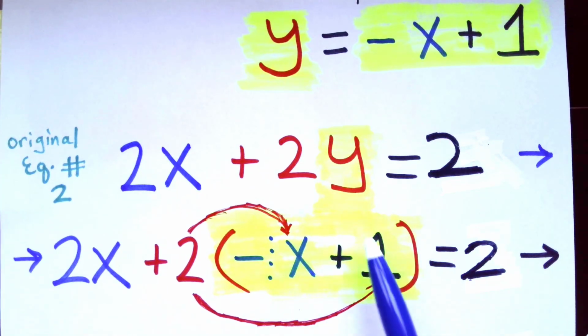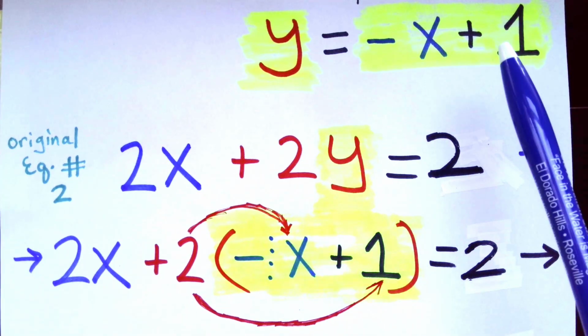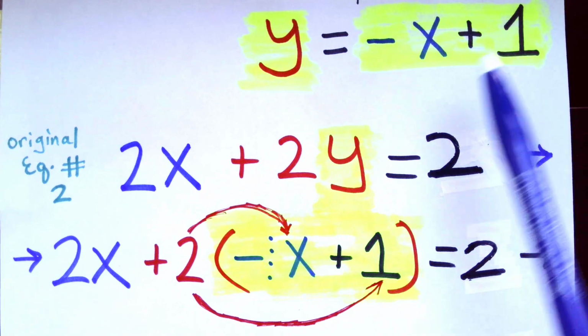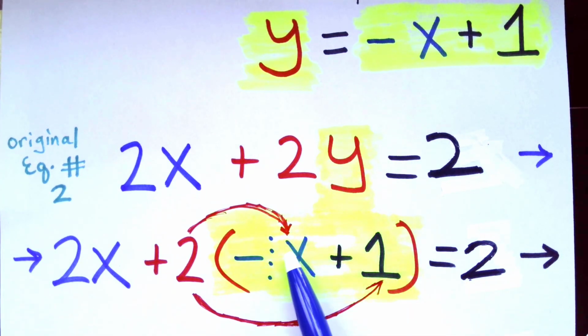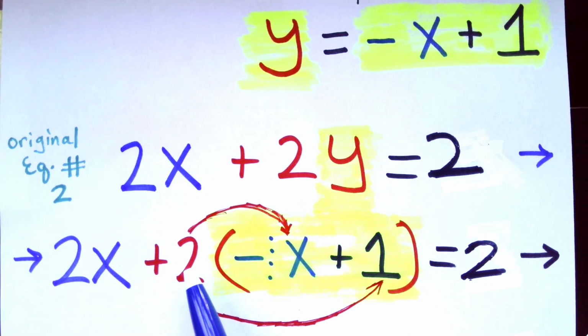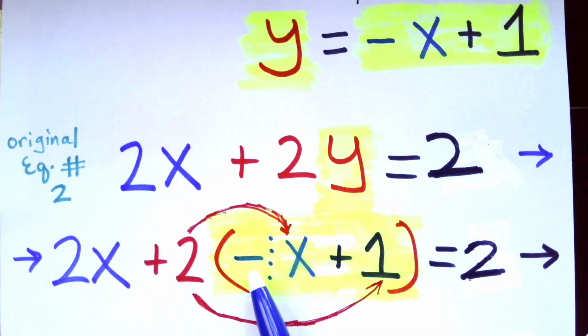And you can see that right down here. If y equals negative x plus 1, I can substitute that value right here for y, which is what I've done below. Now I'm going to distribute, or multiply, the 2 times the negative 1x. Then I'm going to multiply the 2 times the 1. Then I'm going to begin to simplify by combining like terms.